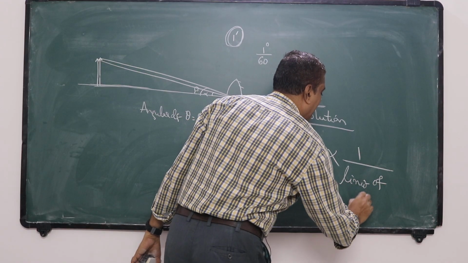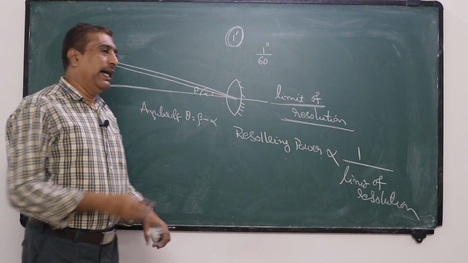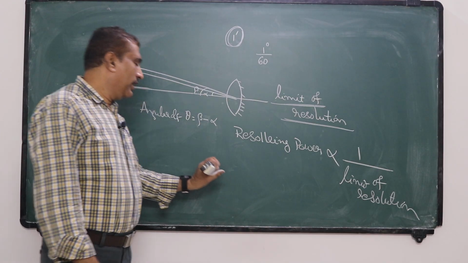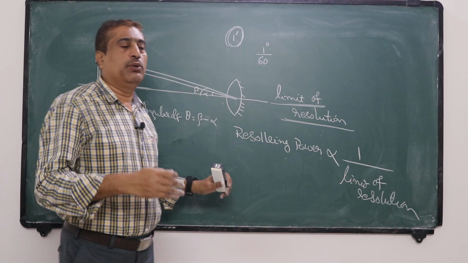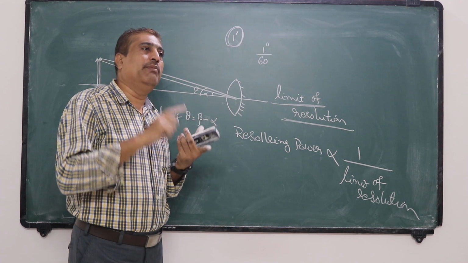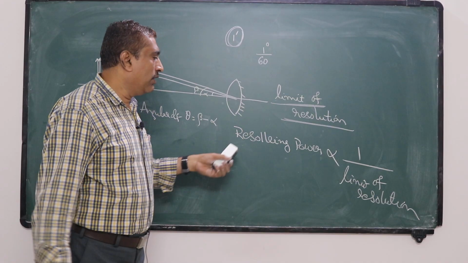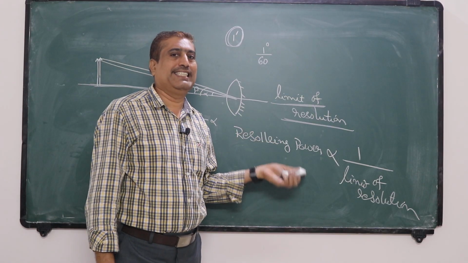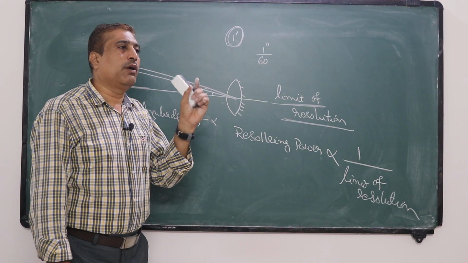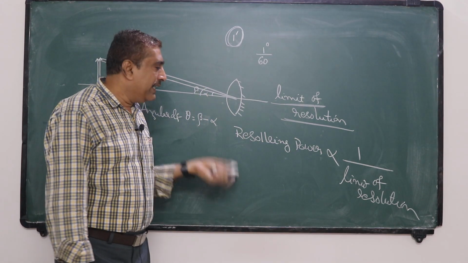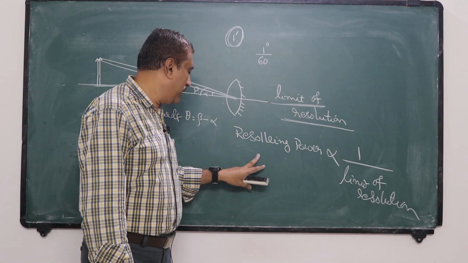We define the resolving power of an optical instrument as its ability to resolve two close objects, or its ability to give images of two close objects as separate.